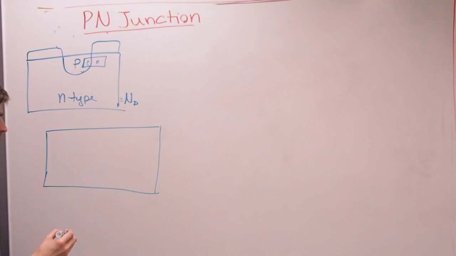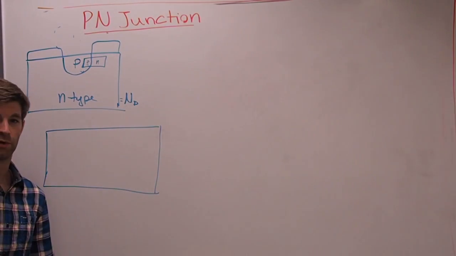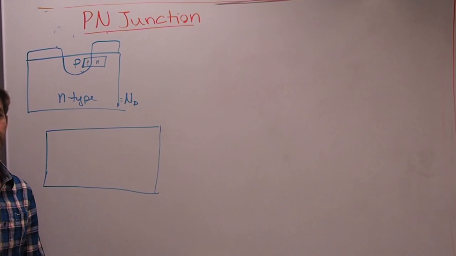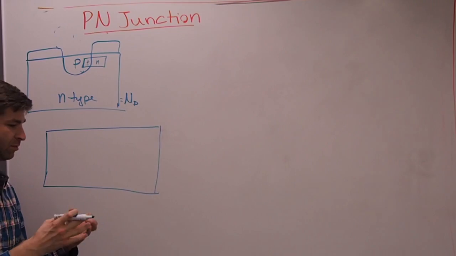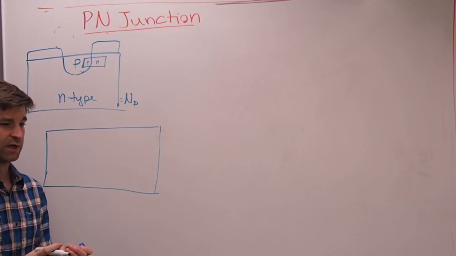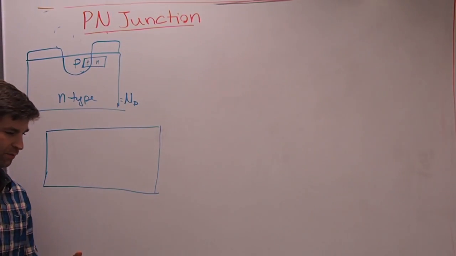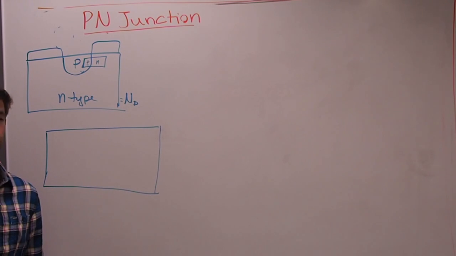And before we calculated the Debye length, and we showed what happens when there's an abrupt change of doping in any kind of semiconductor material. It leads to band bending, it leads to a very small built-in potential, and it leads to this region that's depleted of free carriers, right?